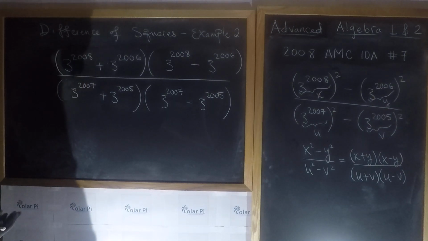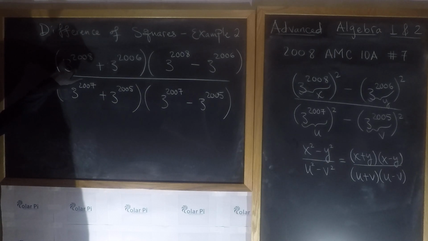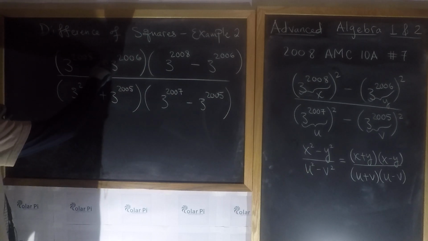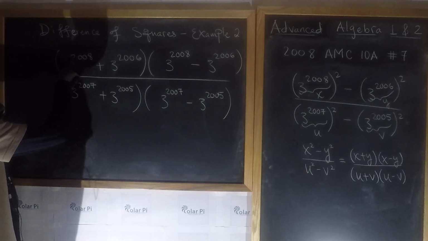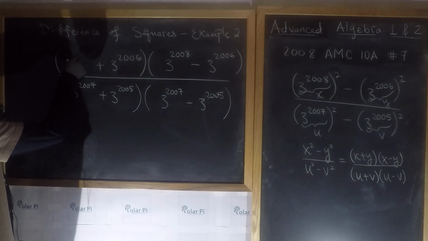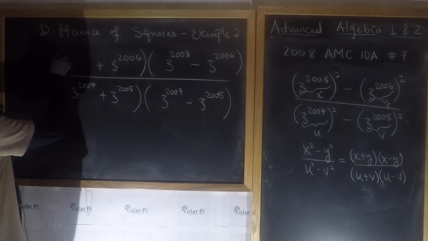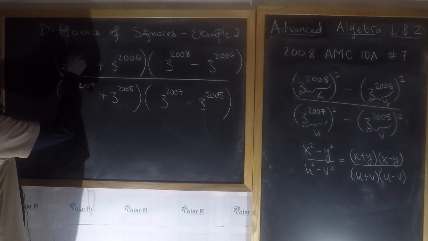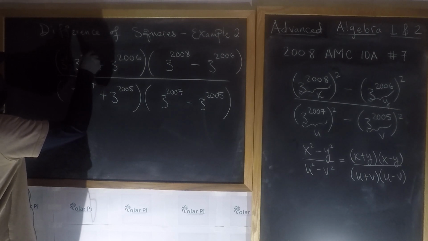Obviously, we'd like to be able to combine stuff. To do that, notice that 3 to the 2008 is 3 squared times 3 to the 2006. So here we could write 3 to the 2008 as 3 squared times 3 to the 2006.